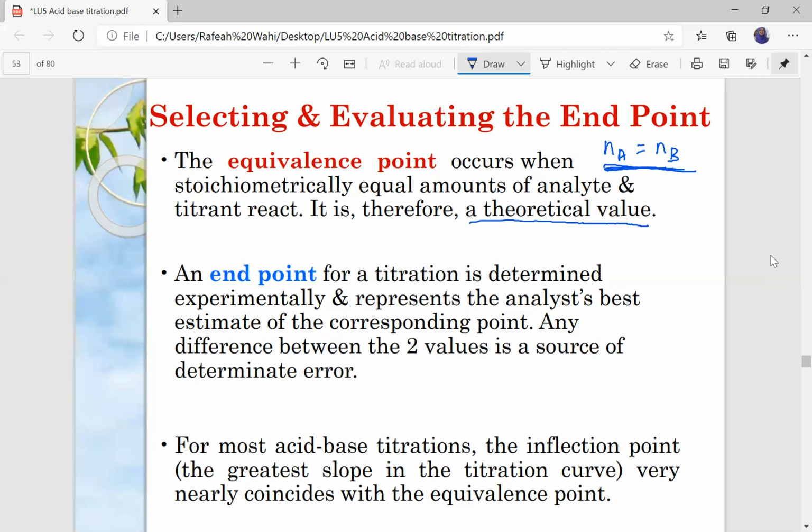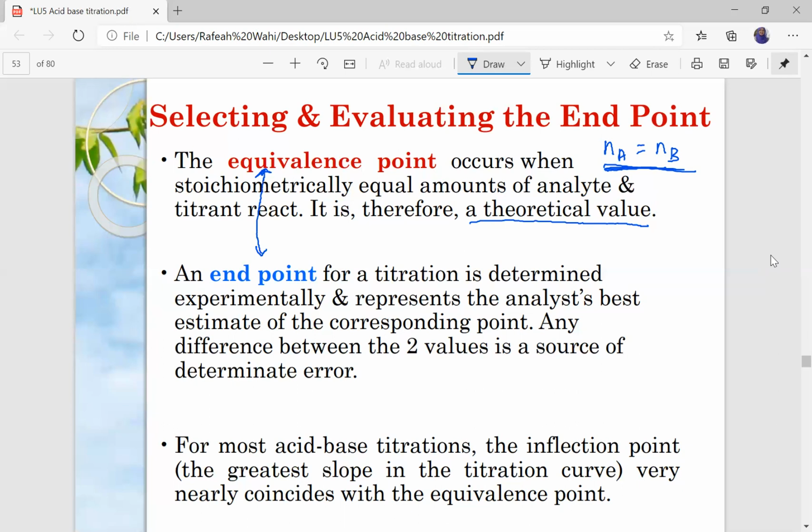And another revision on endpoint. The endpoint for a titration is determined experimentally, and it represents the analyst's best estimate of the corresponding point. When we talk about the endpoint, it is the closest value that we can get, which can be physically visualized during titration by using an indicator.